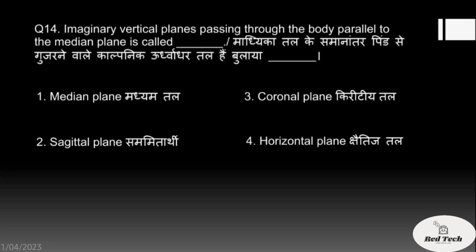Options are medial plane, sagittal plane, coronal plane or horizontal plane. The right answer is option number 2, the sagittal plane, which is the imaginary plane parallel to the medial or mid sagittal plane.